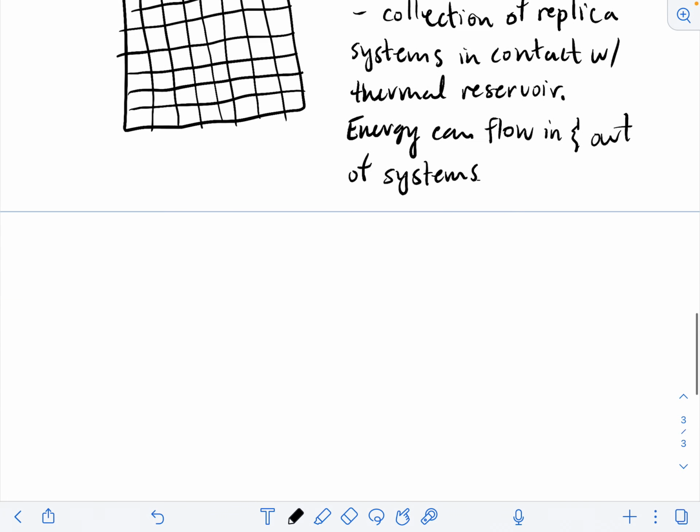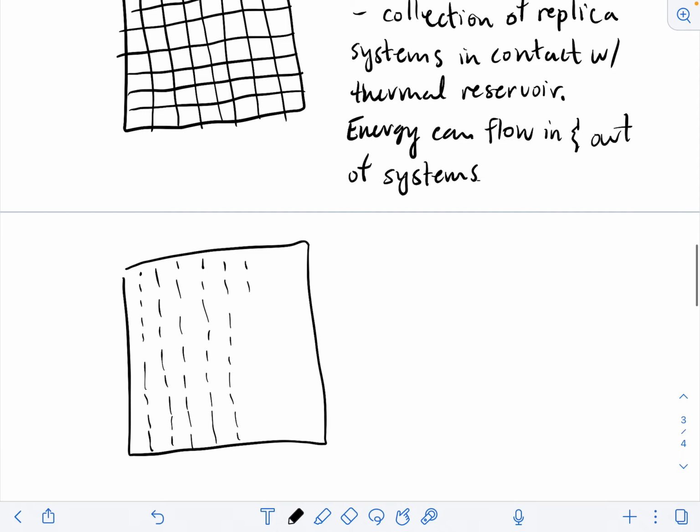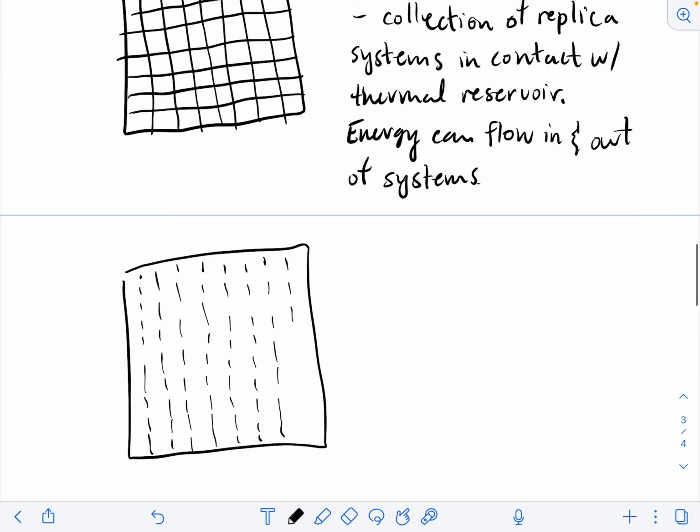Okay, and so now what we're going to talk about is the grand canonical ensemble, and I'm going to use dashed lines. So what these dashed lines are supposed to represent are systems that are again in thermal contact with one another, and they can exchange energy, but the dashed lines allow particles to pass through, and so any particular system inside the ensemble can have particles added or removed.